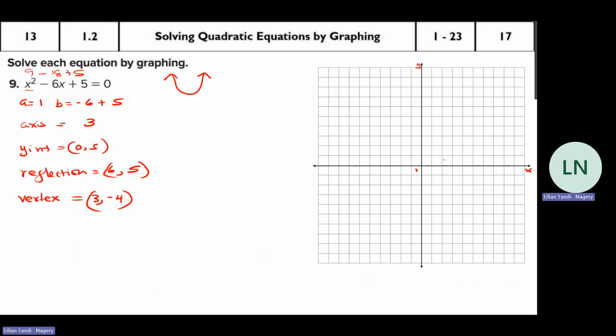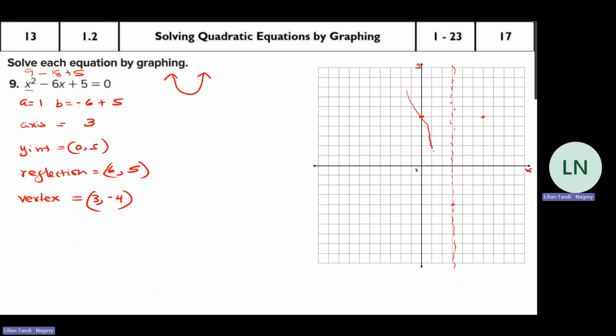My axis is at 3. 1, 2, 3. Okay, that's where my axis is. My y-intercept is 0, 5. 1, 2, 3, 4, 5. 3 boxes, 3 boxes. My reflection should be there. My vertex is 3, -4. 1, 2, 3, 4.